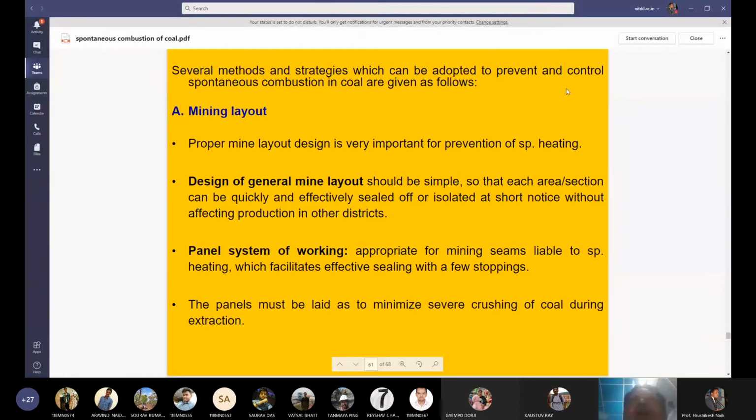There are several strategies which can be adopted to prevent and control spontaneous combustion in the coal mines.